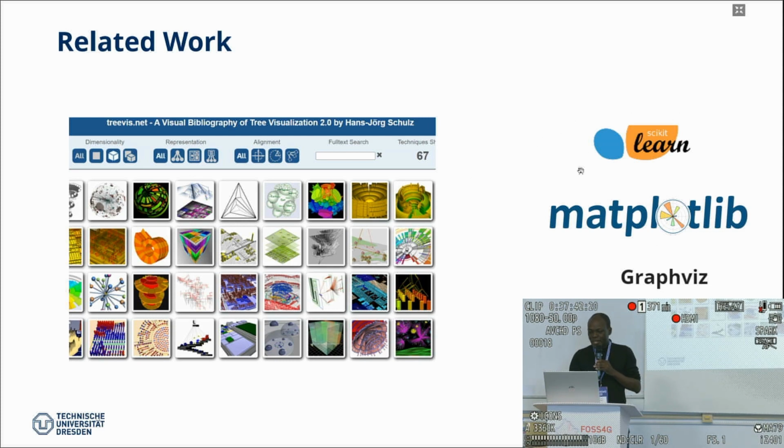On the right-hand side, you have open source software, scikit-learn, matplotlib, or the Graphviz open source software. These are all software that are helpful to visualize decision trees, but they are usually tailored to the context of machine learning, but not broadly applicable.